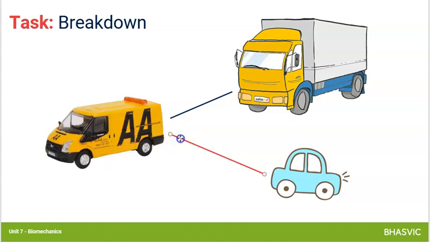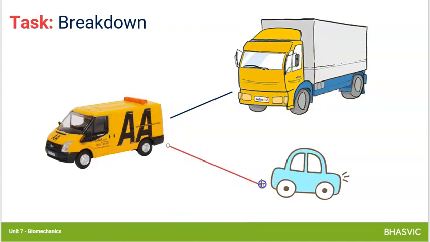If this recovery vehicle was trying to pull or tow this big lorry, it would have to rev up a lot, generate a lot of force, i.e. put your foot down, to be able to start this lorry moving from its stationary broken down position. Once it gets going, it's a bit easier, but that initial movement, trying to get that lorry to go from stationary to motion, is pretty tough.